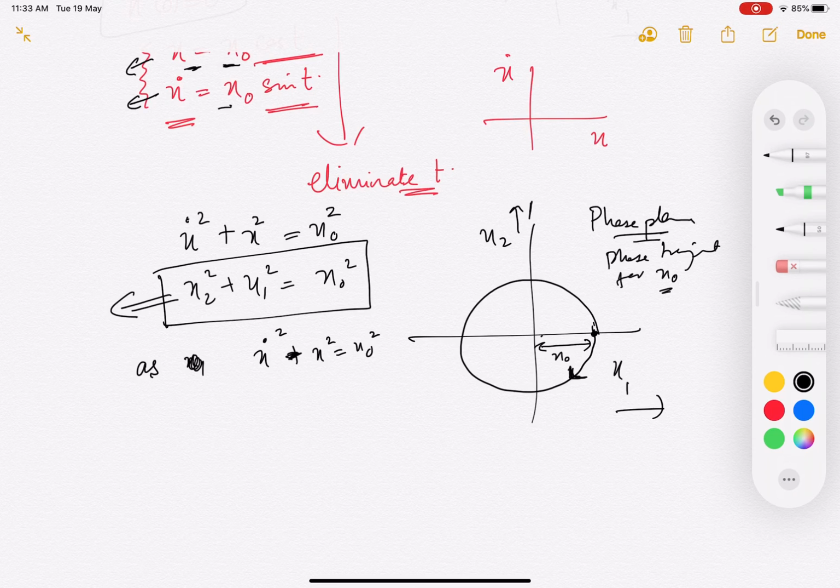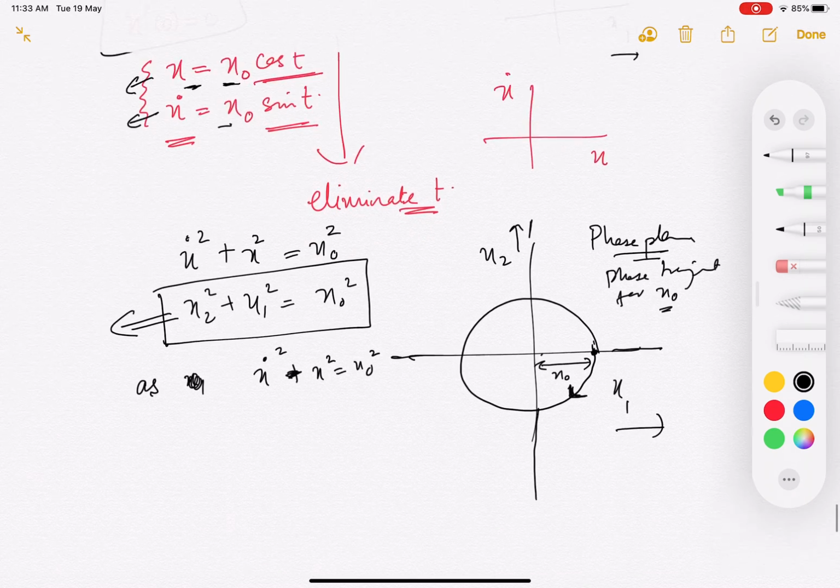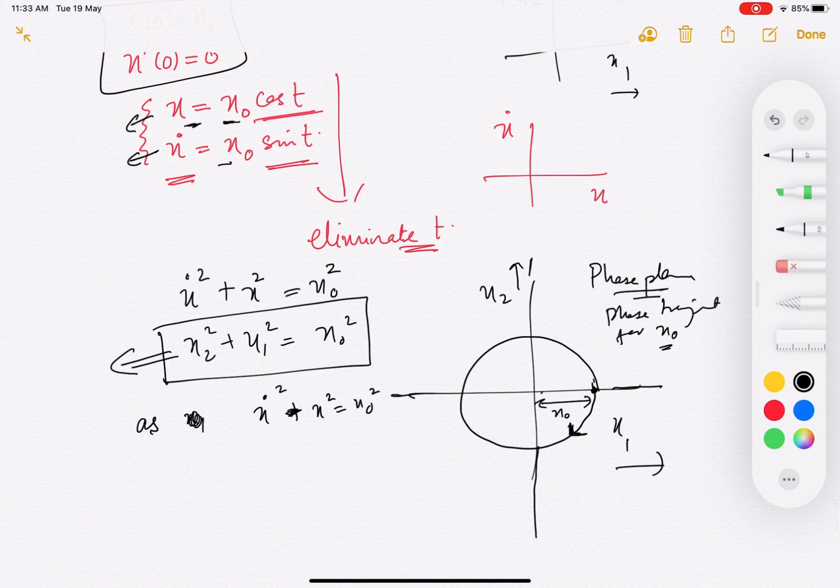Okay. So this is for one such case, or let me do it slightly more effectively.